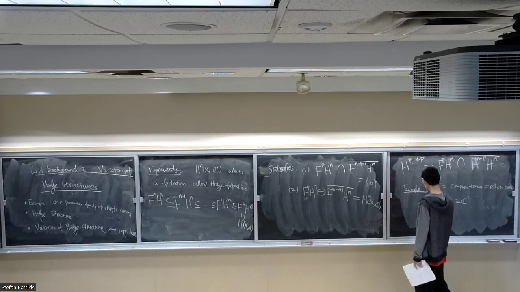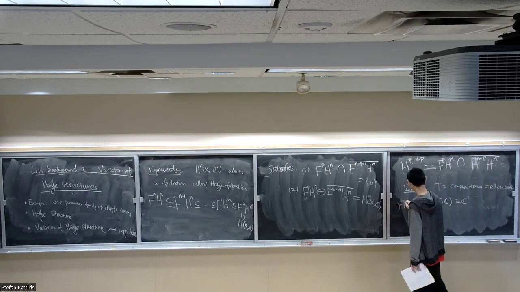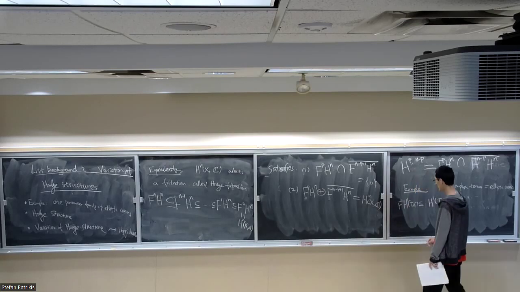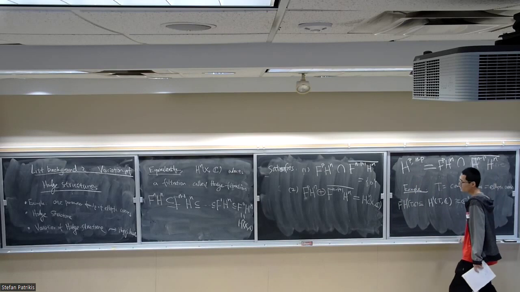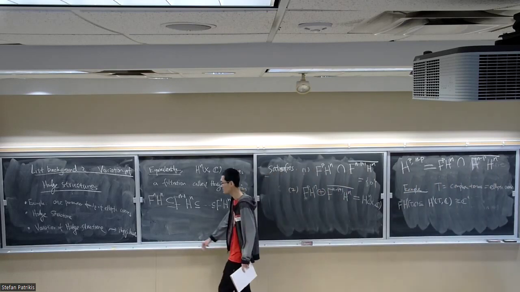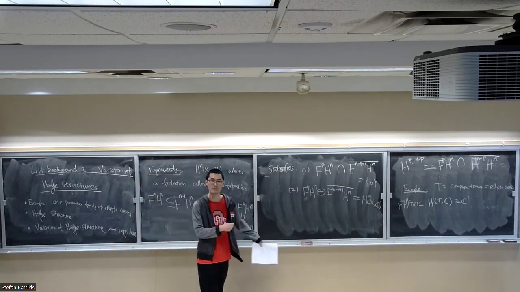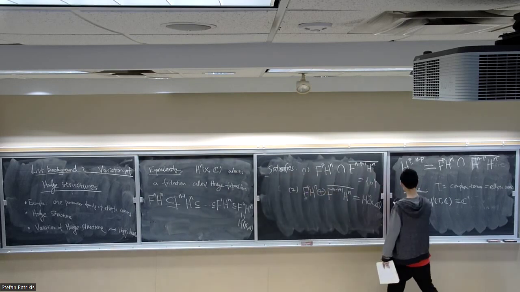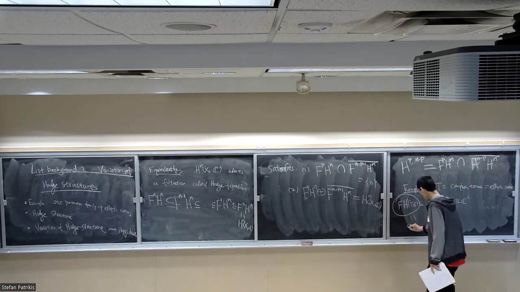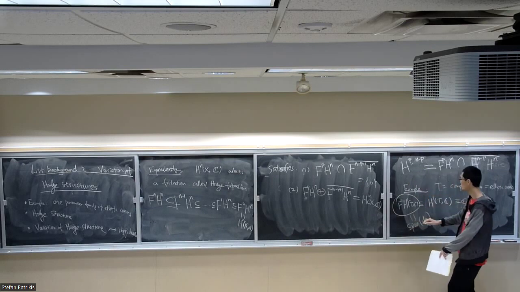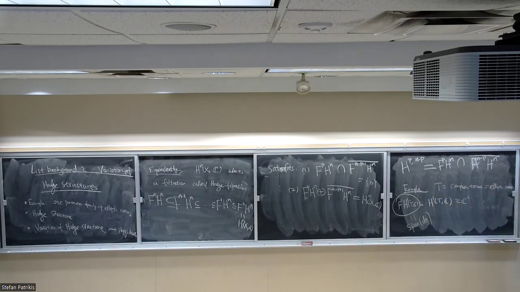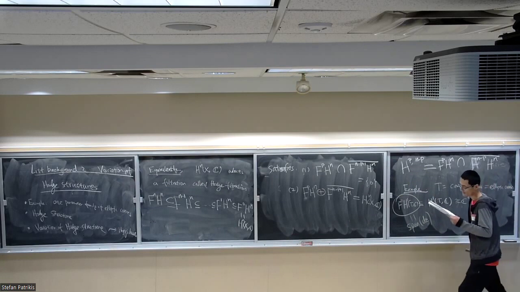So you have a one-dimensional subspace called F^1 H^1(C), and this piece is going to be spanned by the holomorphic forms. So this is the span of dz.